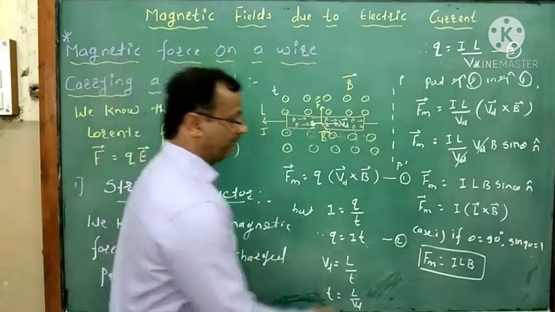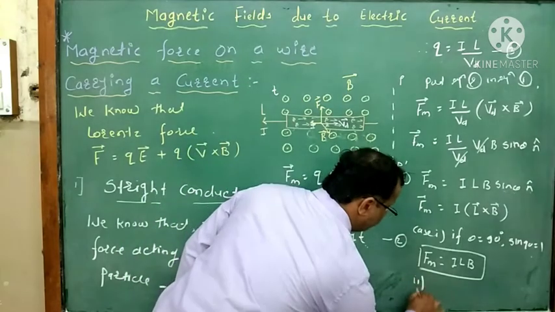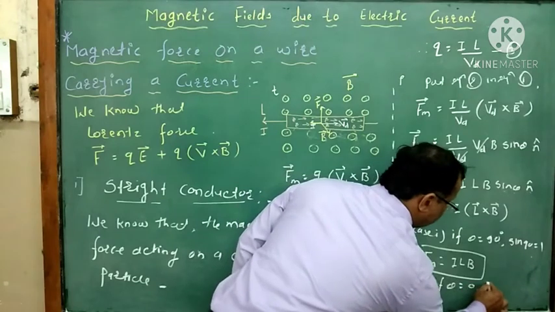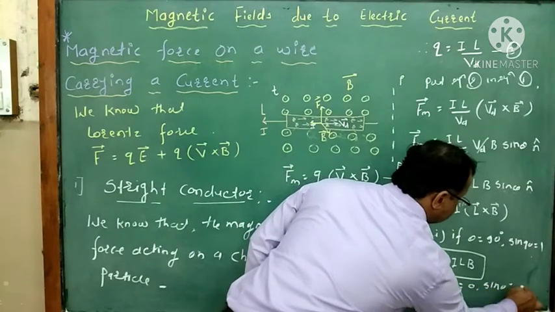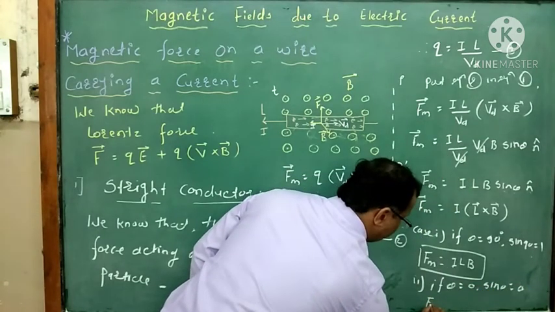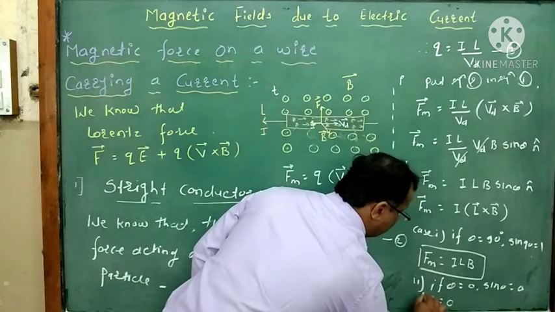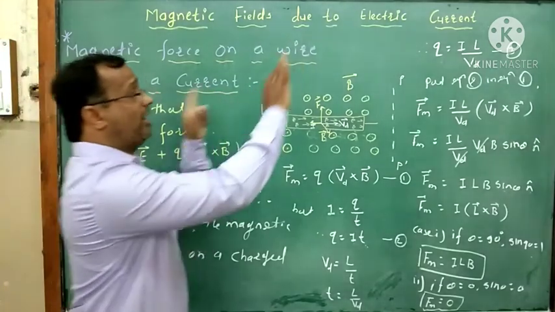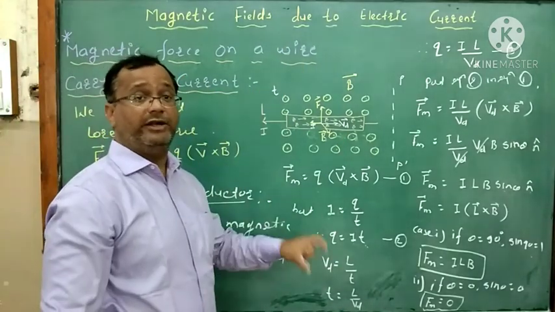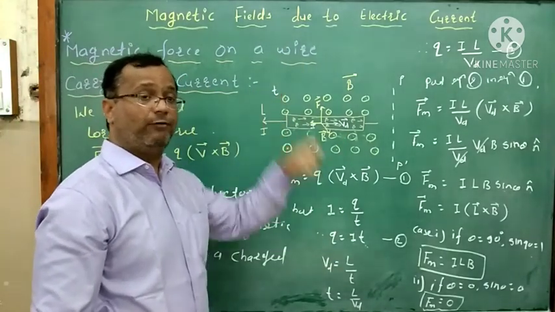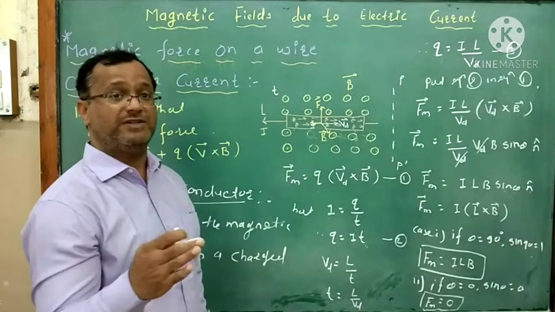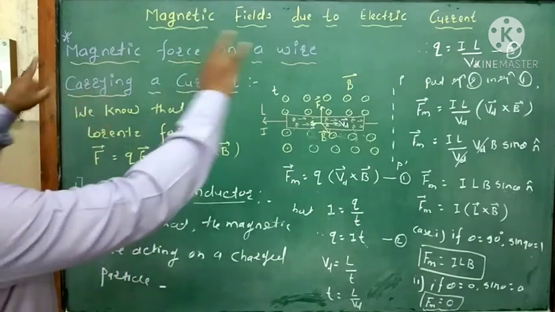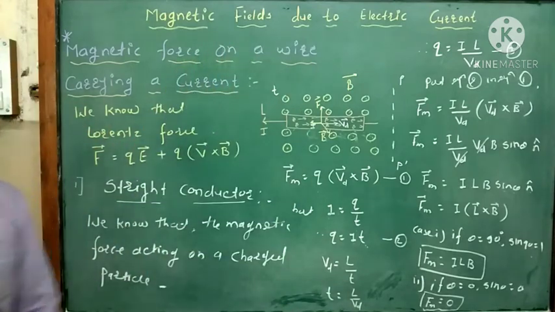Second case: the value of theta is equal to 0, then sin 0 is 0, so at that time the force acting on that charged particle or conductor is 0. This is about the different cases of the force acting on a charged particle or conductor inside the external magnetic field. See all the equations once.